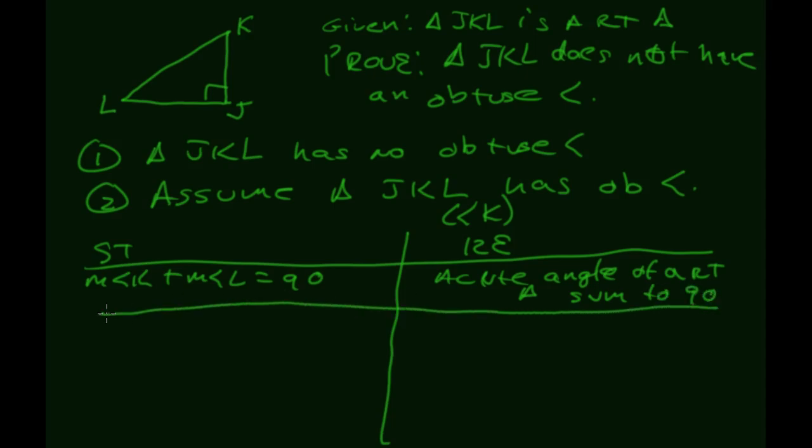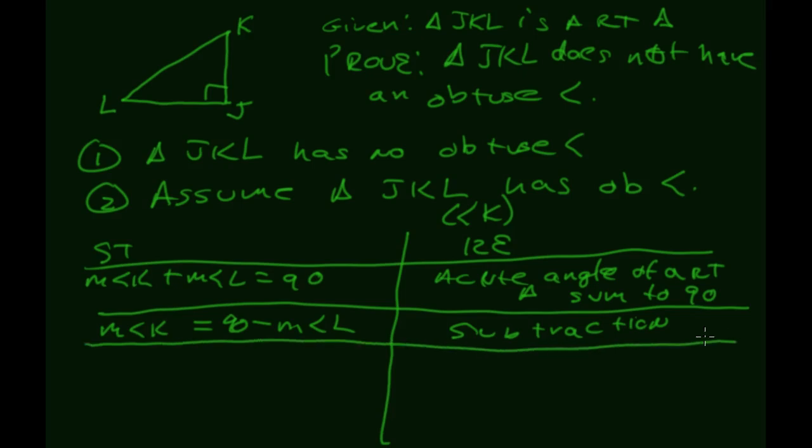That means that the measure of angle K is equal to 90 minus the measure of angle L. It's subtraction. But we also would say that the measure of angle K has to be greater than 90, because that's the definition of an obtuse angle.